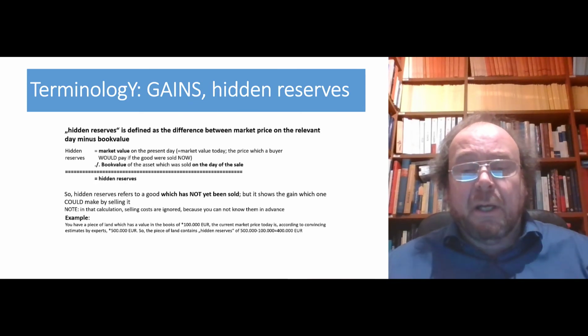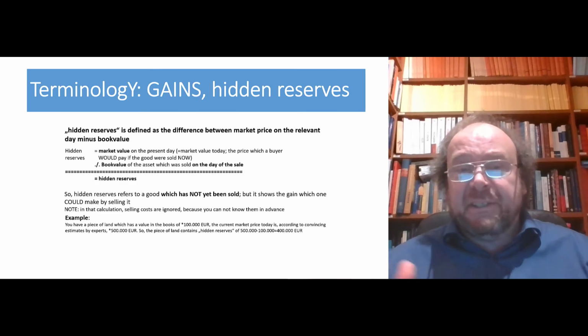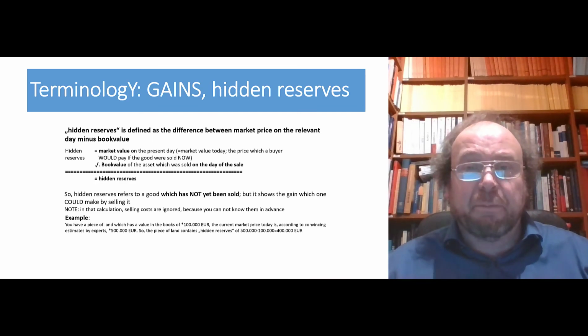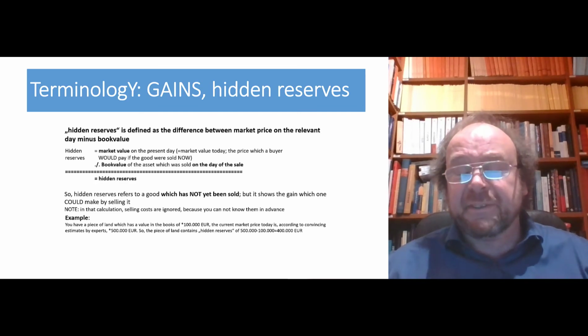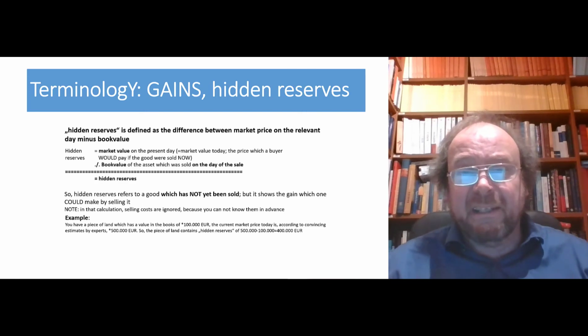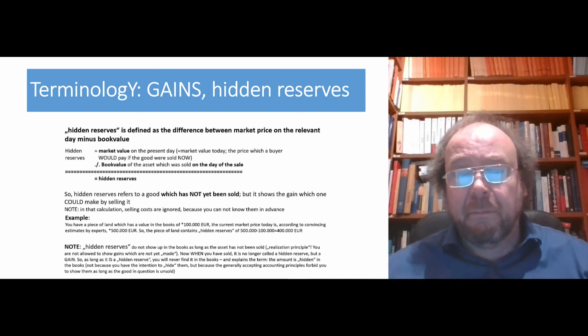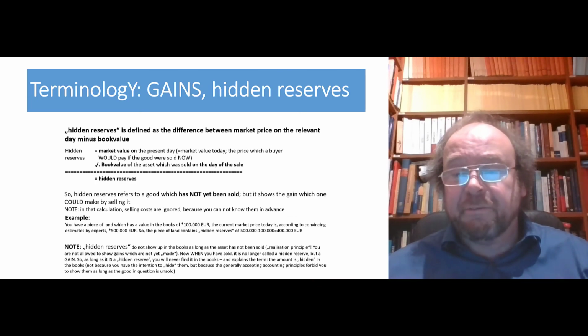Good. So if you have a piece of land, for example, with a book value of 100,000, for example, the cost of acquisition and today's market price is 500,000, then the difference of 400,000 is the hidden reserves contained in that piece of land today. Relatively simple.